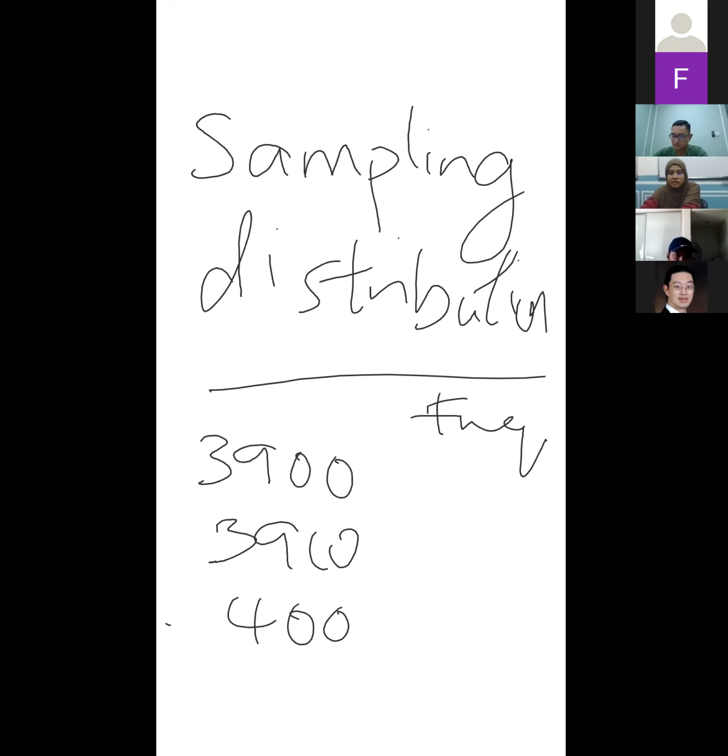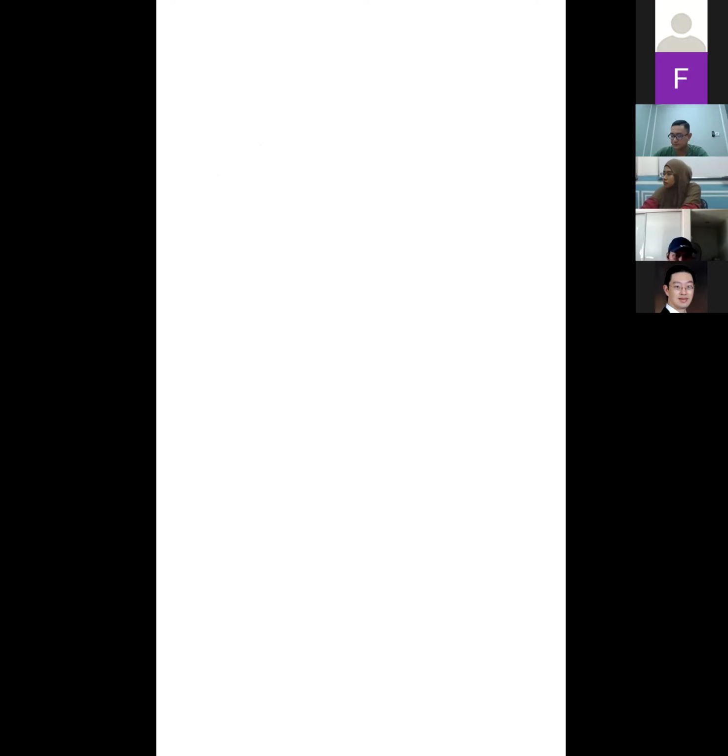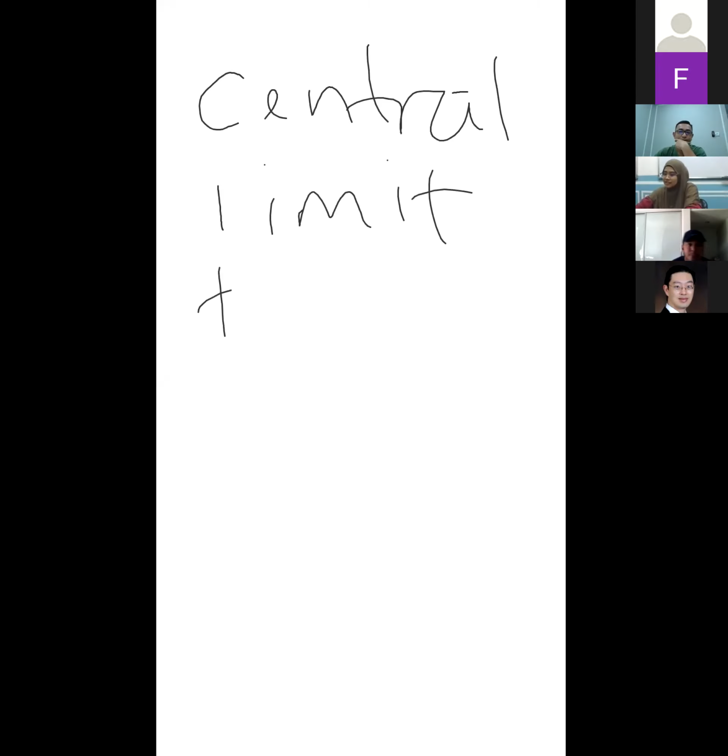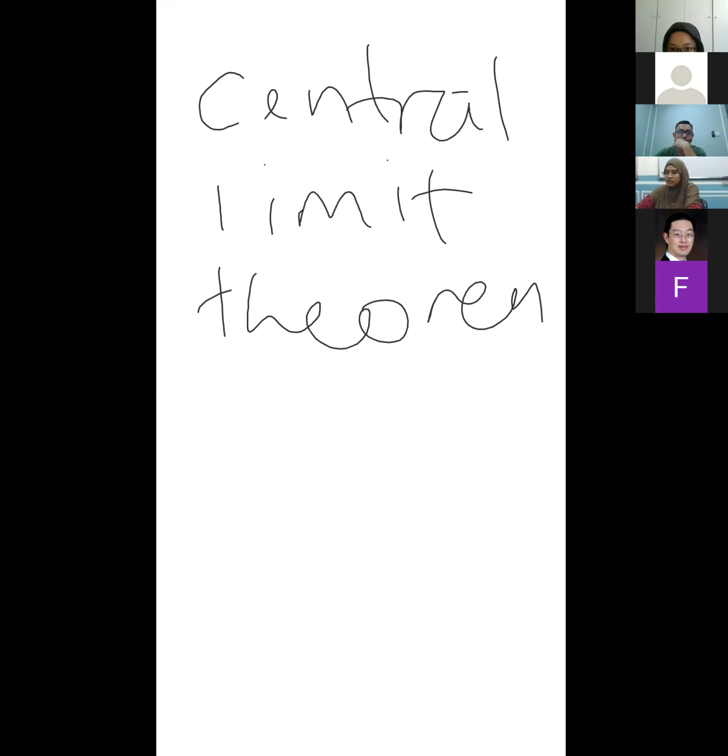According to sampling distribution, if you plot all this into a graph, using what we call the central limit theorem, the central limit theorem says as long as your sample size is more than 30, when you plot these averages, it will have a normal curve.